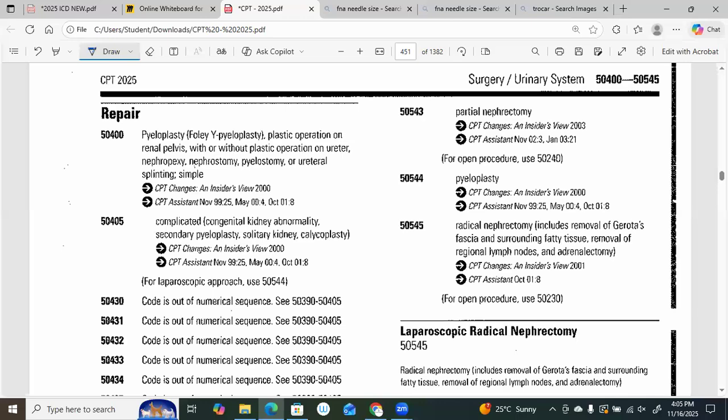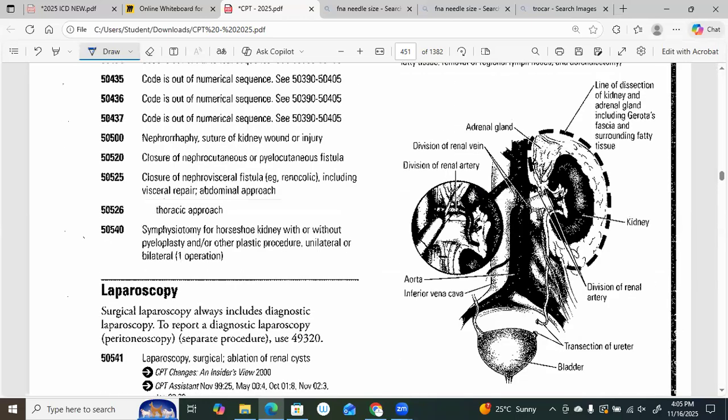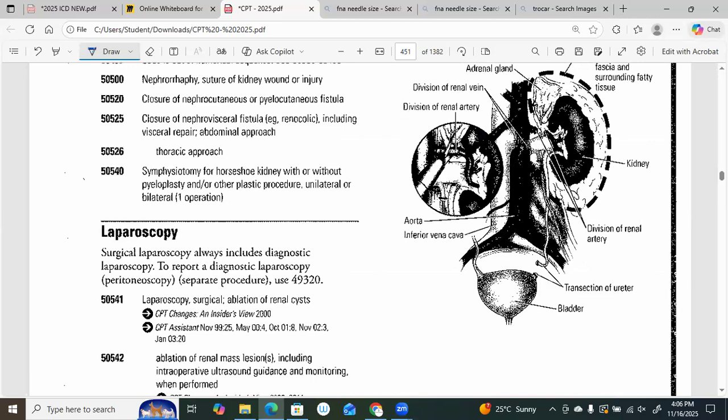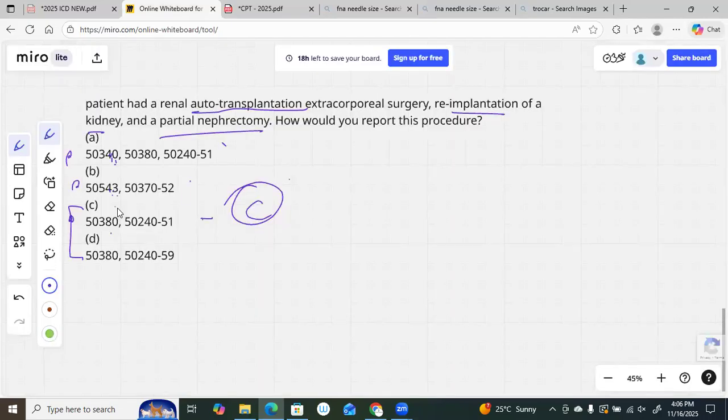So 50543 is a partial nephrectomy, but this is with the laparoscopic approach. In our case, laparoscope was not used, so we are not going to use this code. So we have to rule out 50543. This option has been ruled out. Now we're left with these two options.